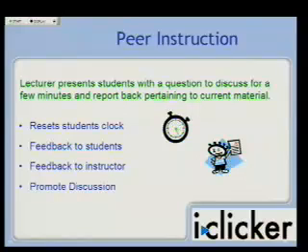Promoting discussion. So obviously the peer instruction has the students talking to each other, and you might think, oh, I don't want people talking in my class, right? Lots of times we try to stop that. But in fact, talking is a great way to learn, and I think a lot of us have probably had this experience where you've been struggling with a difficult problem in your office for your research or something, and you can't figure it out, and so you get up and you go over to your colleague's office, you go in the door, you explain the problem to them, and you're halfway through the explanation of the problem, and then you know the answer, right?